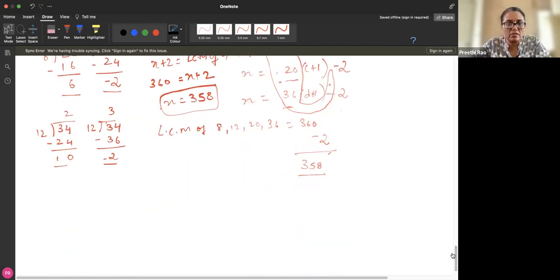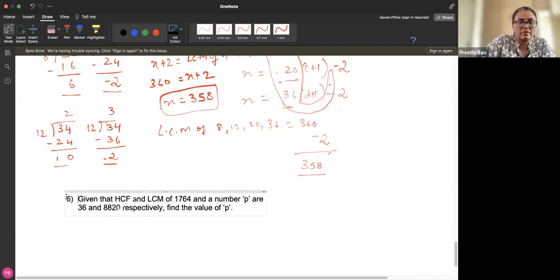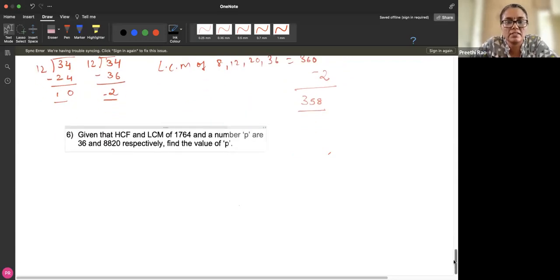Okay. Now the next question. Given that HCF and LCM of 1764 and a number P are 36 and 8820 respectively, find the value of P. So there are two numbers.